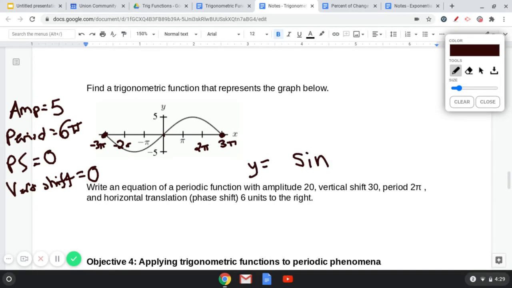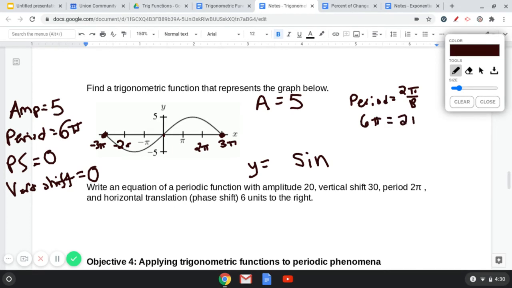All right, so now we need to find A, B, and C. A is the amplitude, which is 5. Now remember that our period equals 2 pi divided by B. So we know what our period is. It's 6 pi.